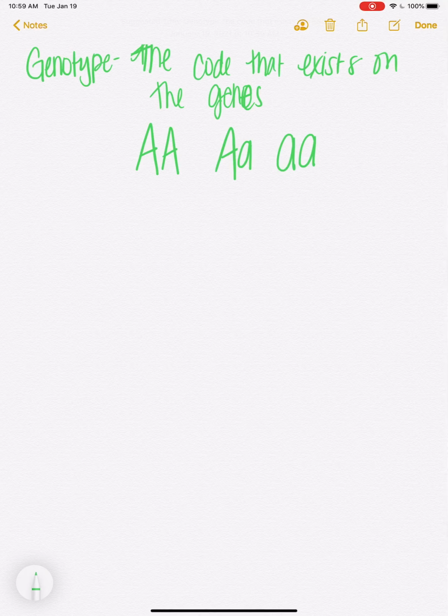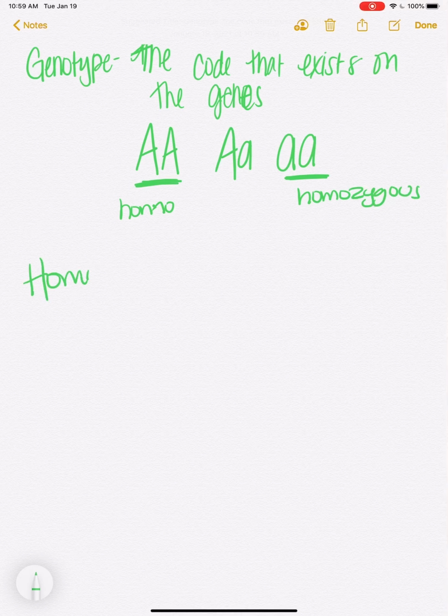I'm going to jump down just a little bit to discuss some more of these terms. This, big A, big A, and this, little a, little a, is homozygous. Homozygous means having two of the same alleles.